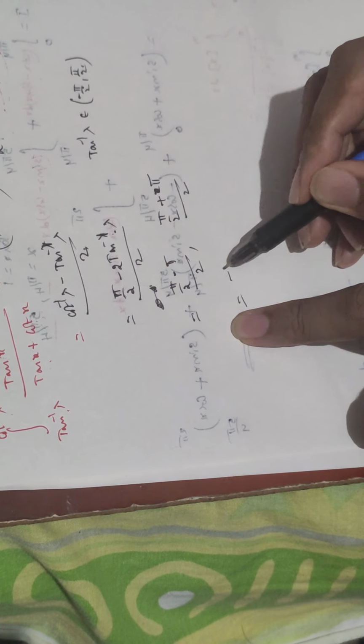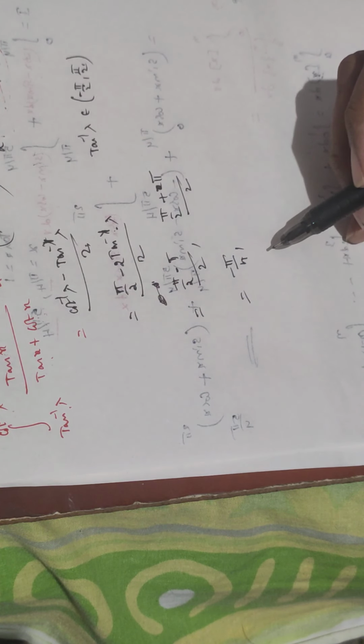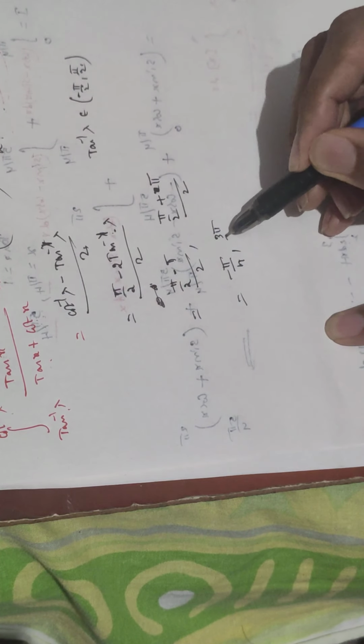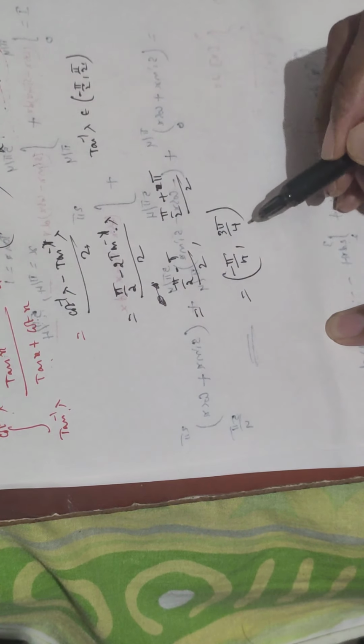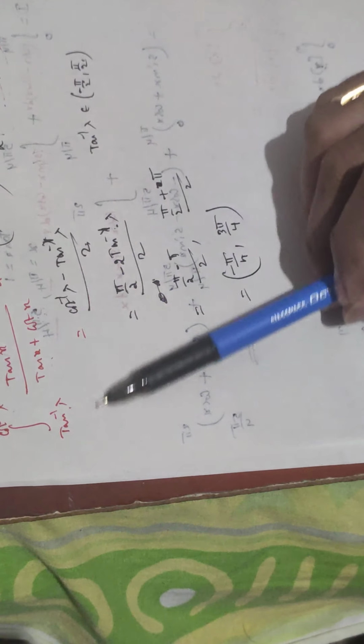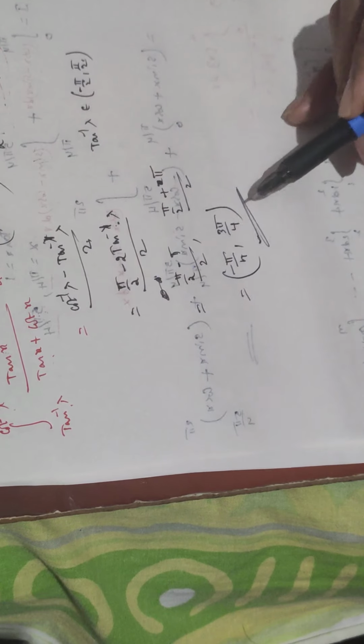So minus pi by 4, and here 3 pi by 4, open interval minus pi by 4 to 3 pi by 4. So the value of this definite integral must lie in the interval minus pi by 4 to 3 pi by 4. So this is also one of the useful properties.